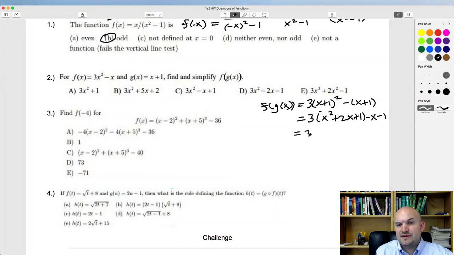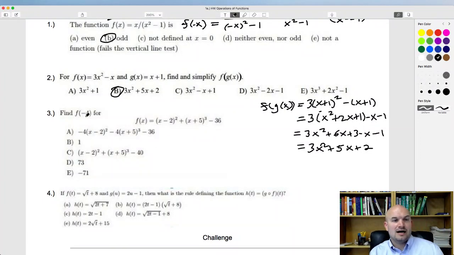So therefore, I'd have 3x squared plus 6x plus 3 minus x minus 1. And then 3x squared, 6x minus x is going to be a positive 5x, 3 minus 1 is a positive 2. And let's go and see. It looks like we have answer B again.